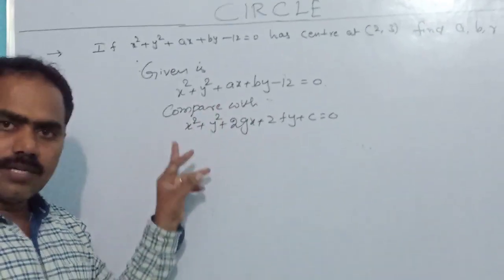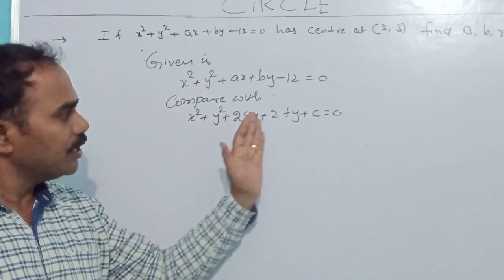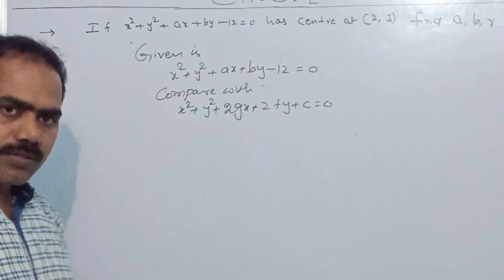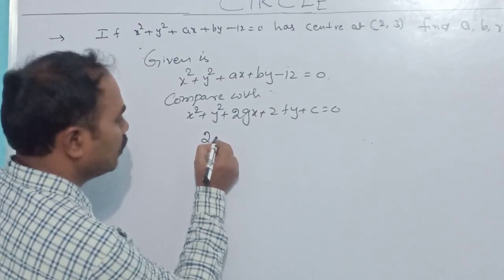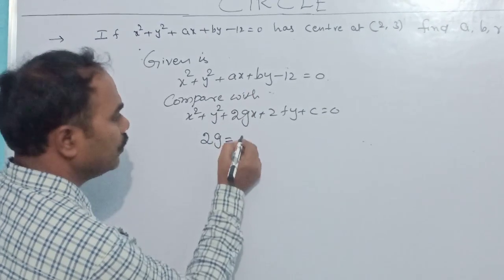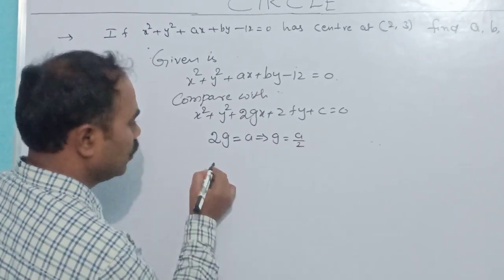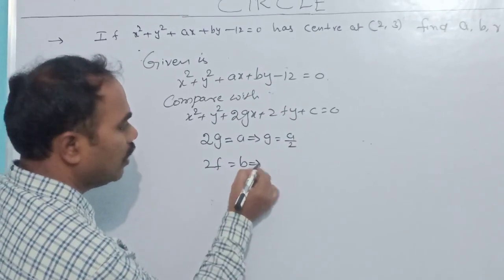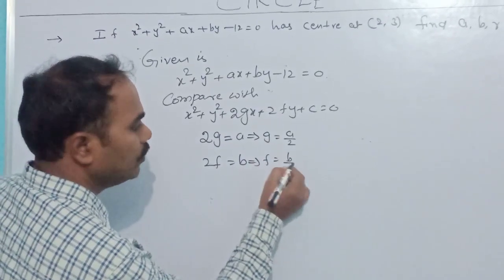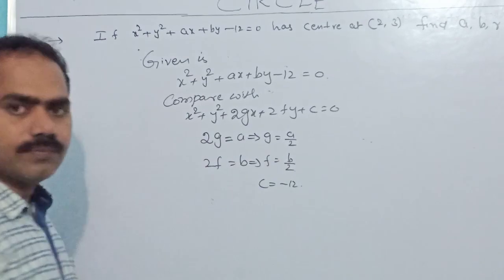Compare with the general equation of the circle, which is x square plus y square plus 2gx plus 2fy plus c equals to 0. Here 2g is equal to a and g equals to a by 2. The y coefficient 2f is equal to b and f is equal to b by 2, and c is minus 12.